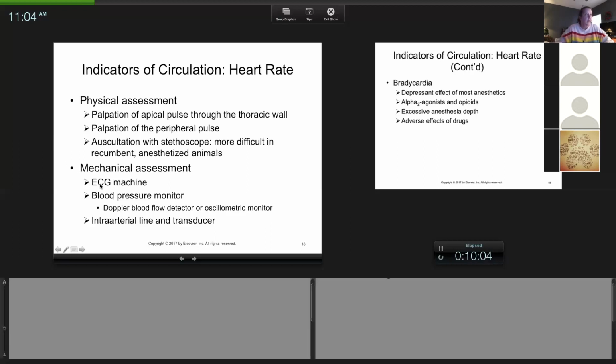Now, there are mechanical machines. Obviously, the ECG is monitoring the electrical activity of the heart. It will give you a heart rate based on the EKG. But if any of you have worked with an EKG, the EKG heart rate tends to fluctuate. It will look at the screen, you'll see the PQRS, it will take a snapshot of that, and it will calculate the heart rate based on what's on the screen.